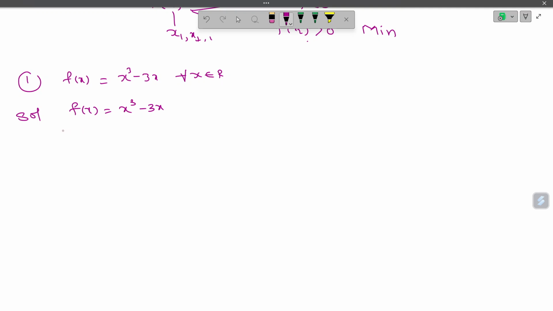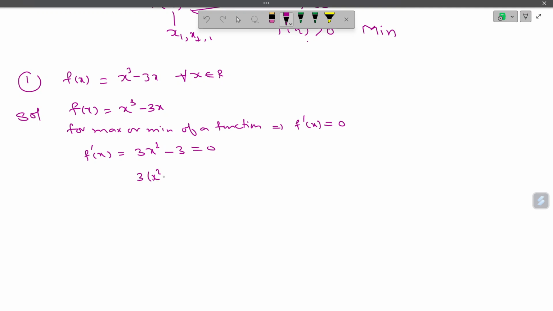So what we have to do for maxima or minima of a function? We have to do f dash x equal to 0. So what is f dash x? 3x square minus 3 equal to 0.